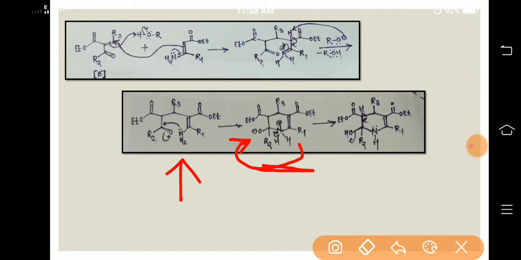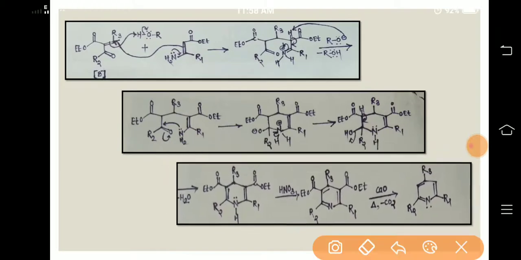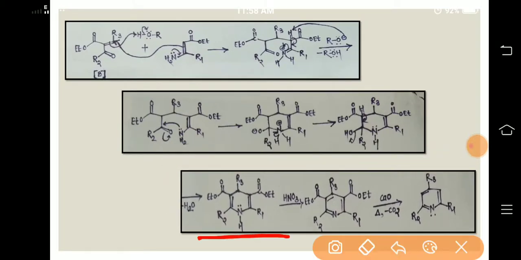Then again removal of this hydroxy group by the abstraction of alpha proton will lead to the generation of dihydropyridine derivative.